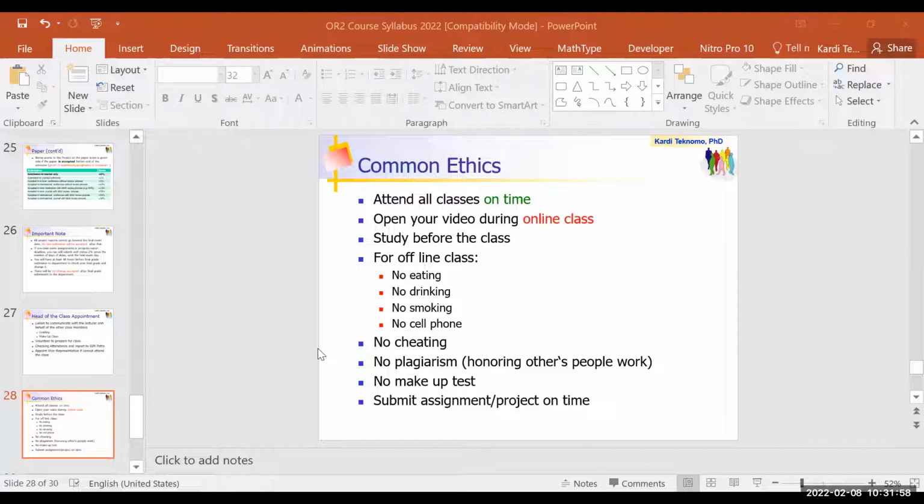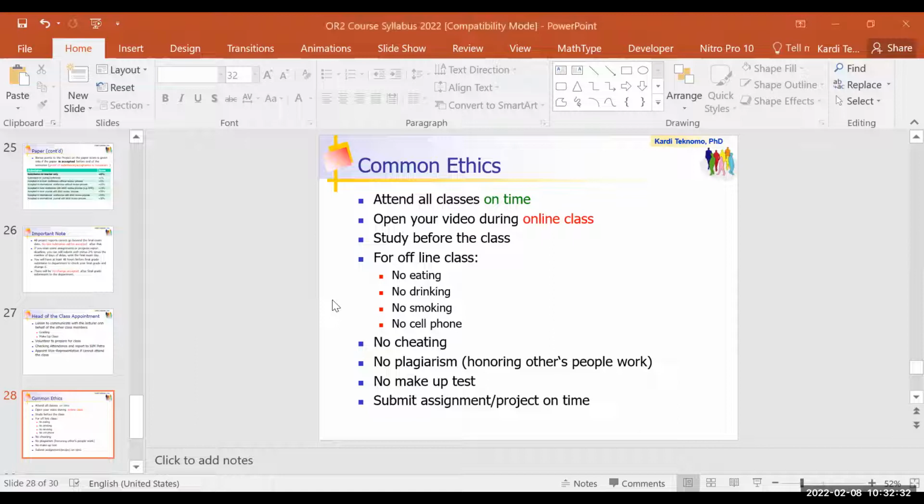But you just honor the other person's work by mentioning their name, and then put in the reference. By not honoring others' work, you will be labeled as plagiarism. That is a very big sin in academic work. So just honor other person's work. That is important.